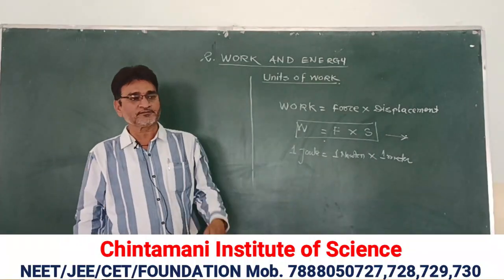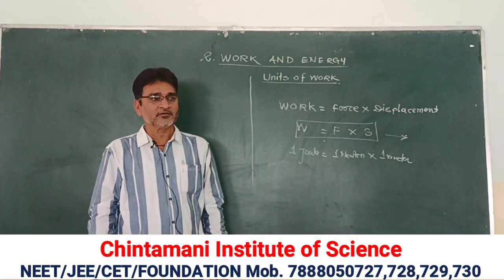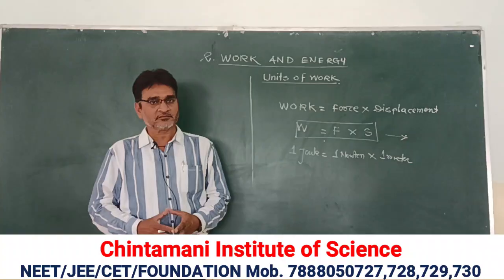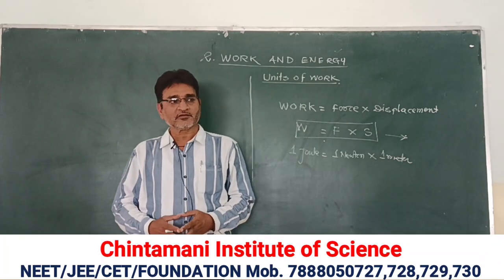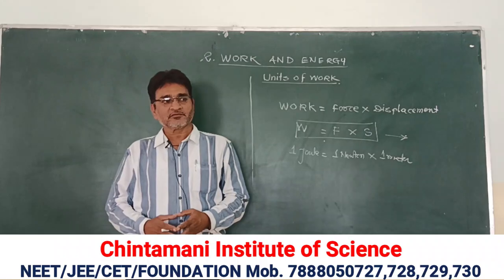If a force of 1 Newton displaces an object through 1 meter in the direction of the force, the amount of work done on the object is called 1 joule. And this is a repeated part, it is not new.